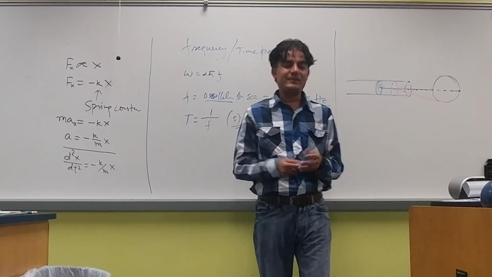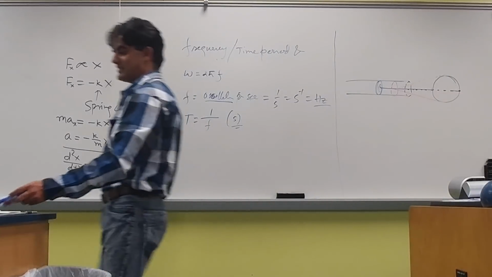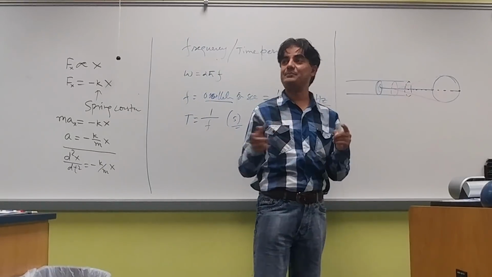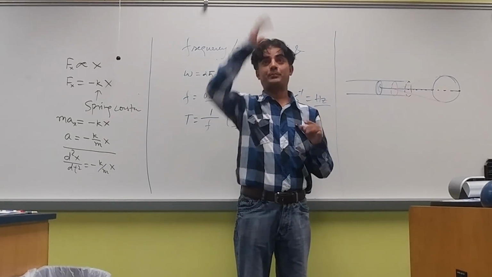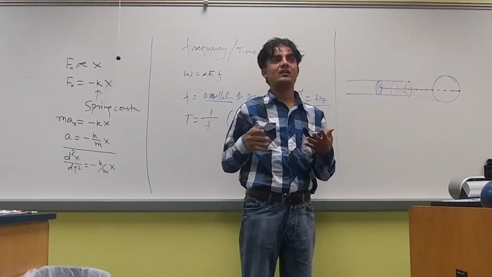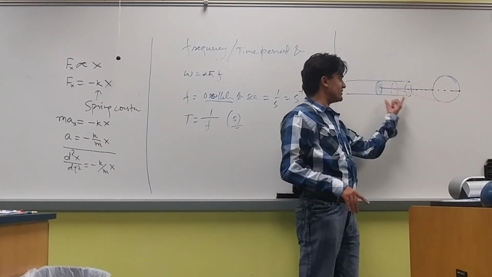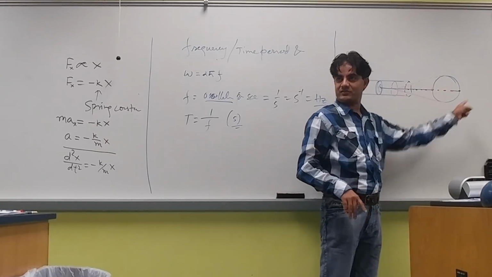So basically, the point is I'm giving this example just to explain that simple harmonic motion can be represented by the projection of uniform circular motion on a straight line. This is a circular motion and this is a straight line. This one is simple harmonic motion, this is the circular motion.